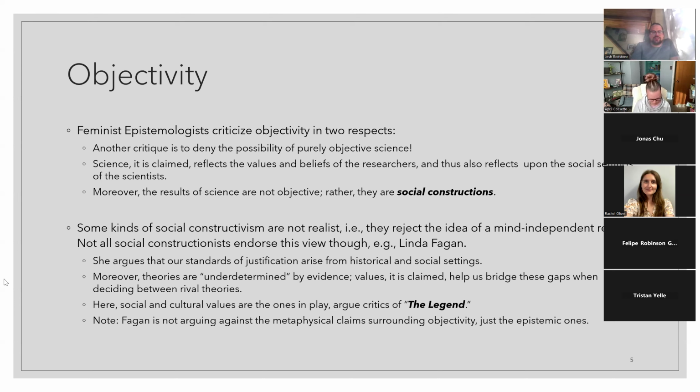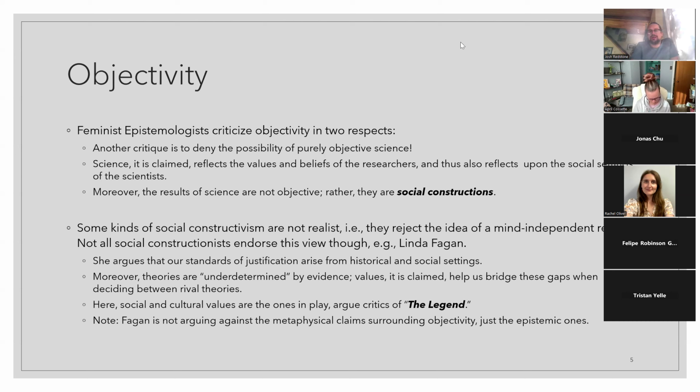Theories, according to Fagan, are also underdetermined by evidence. So we could be dealing with two competing scientific theories that could explain reality equally well, but it's the values of the people in the society at the time that decide which one we believe.